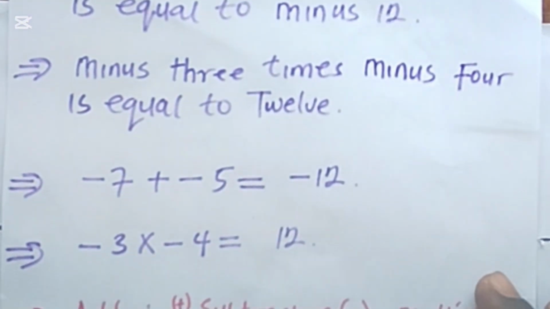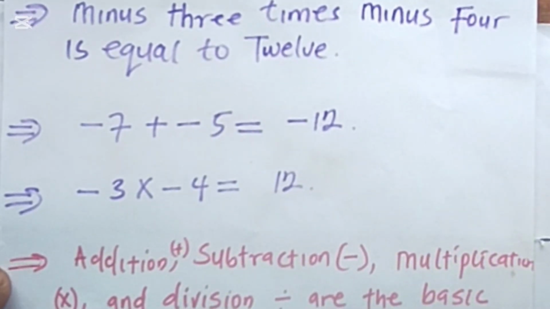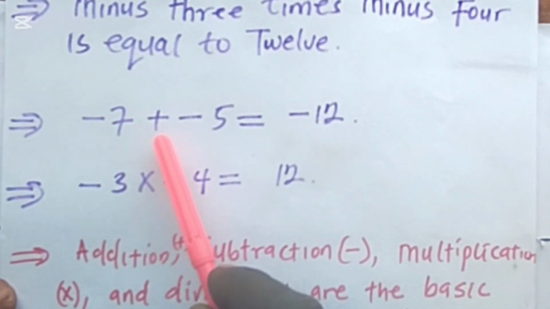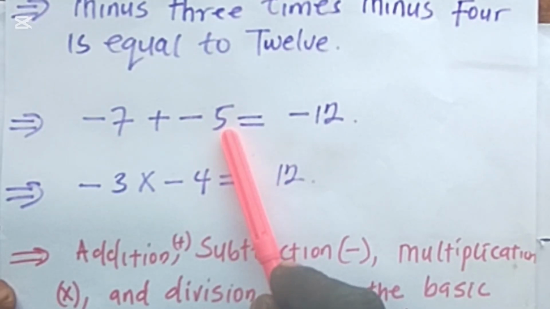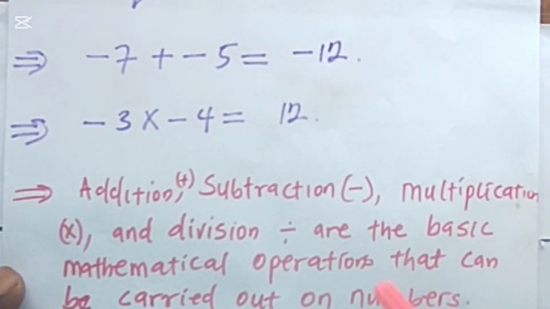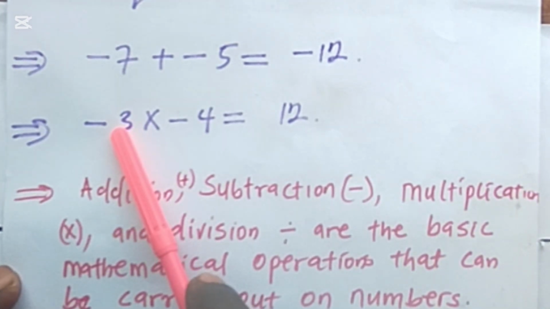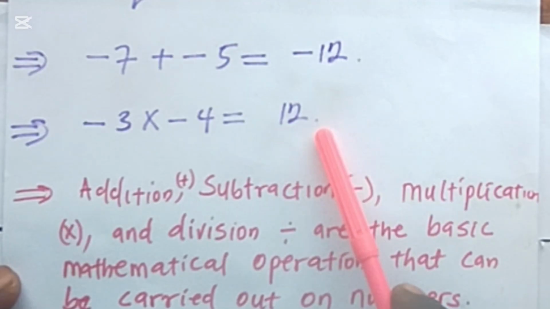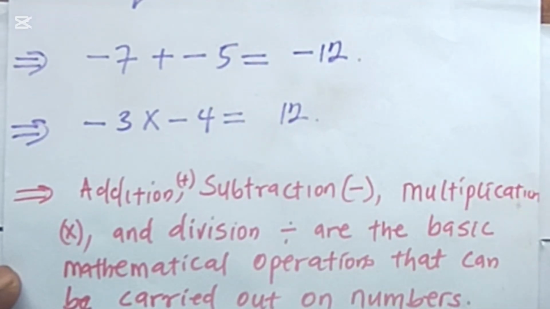In symbolic terms, these two statements can be written as minus 7 plus minus 5 is equal to minus 12, while the second statement can be written as minus 3 times minus 4 is equal to 12.